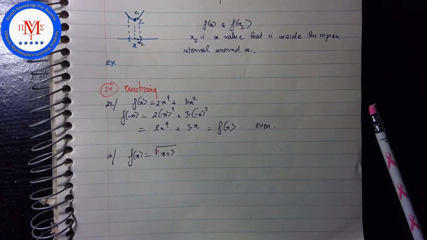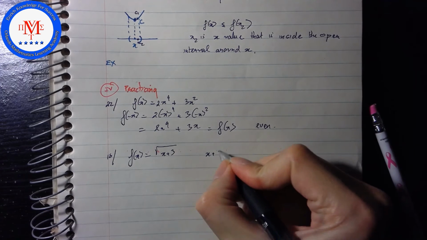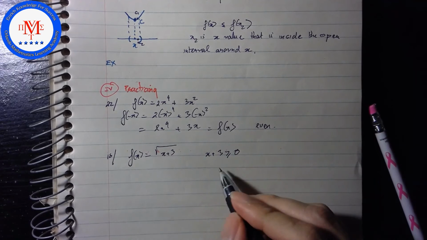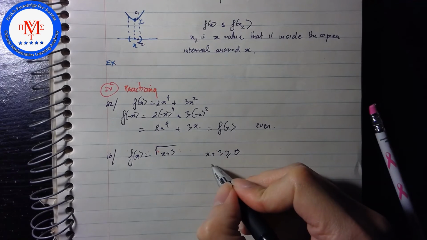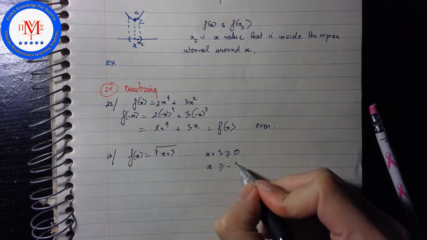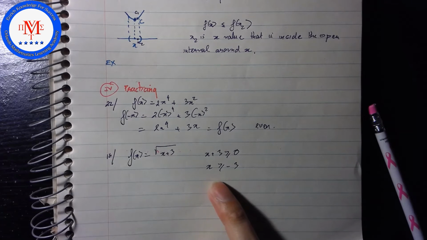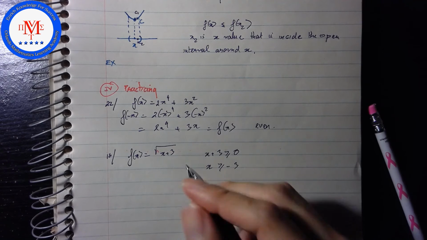So x plus 3 must be greater than or equal to 0, and we solve this inequality and express it in interval notation. It will be from negative 3 to positive infinity. So that will be the domain.